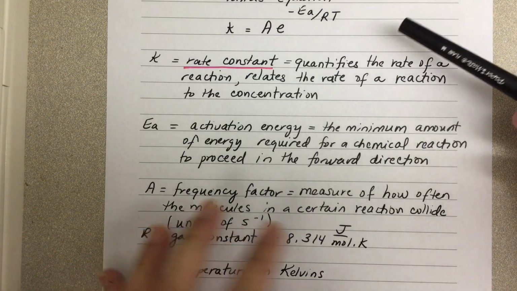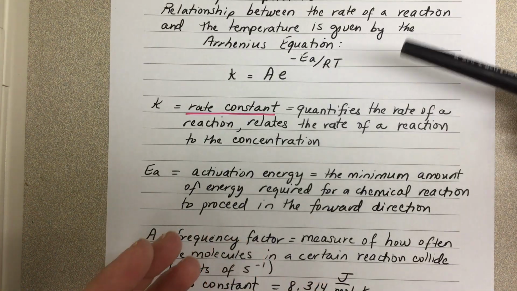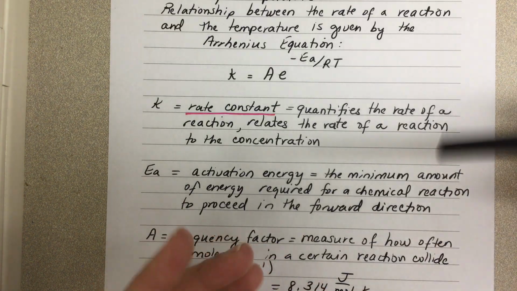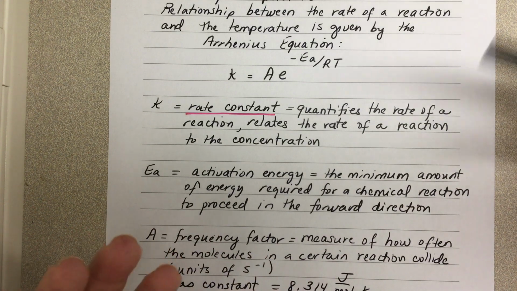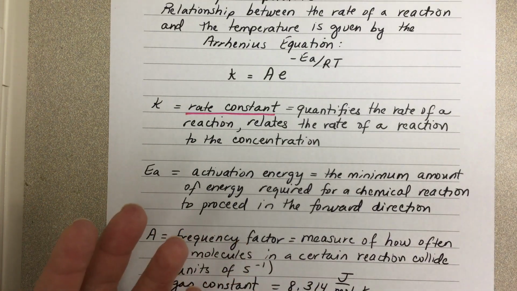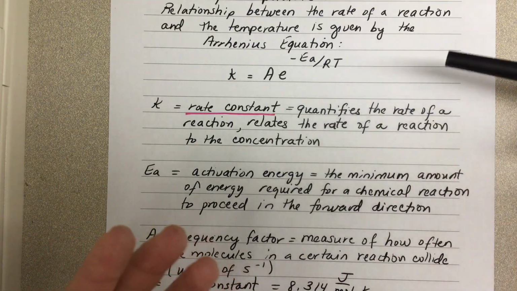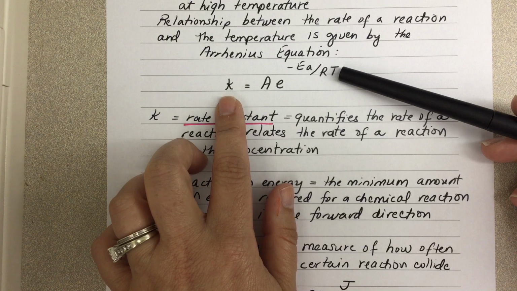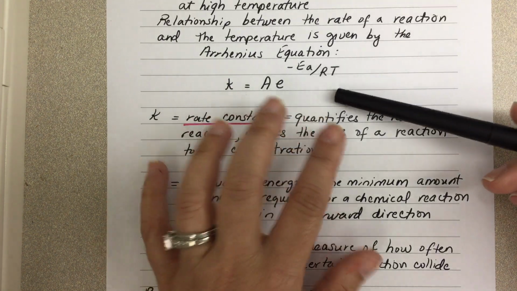So the equation here, or the calculation, is not too important. I'm going to show you an example, and then you're going to do your own calculation and you can compare your numbers. But what this is telling you is that as you increase the temperature, this number here is going to be bigger.